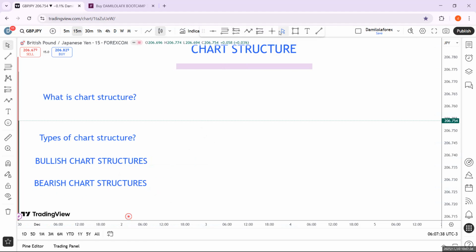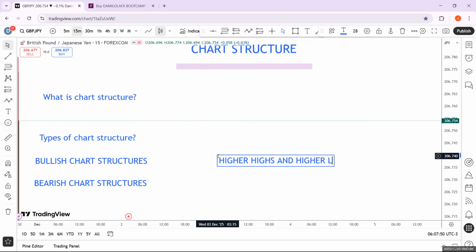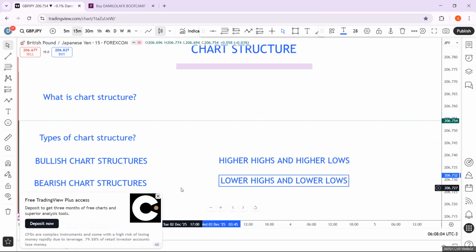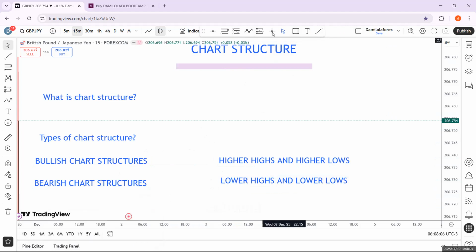Just for educative purposes, we could go ahead and write that out: the bullish chart structure entails coordinated movements of higher highs and higher lows, while the bearish chart structure entails coordinated movements of lower highs and lower lows. So these are what are entailed when we talk about the bullish chart structure and the bearish chart structure.